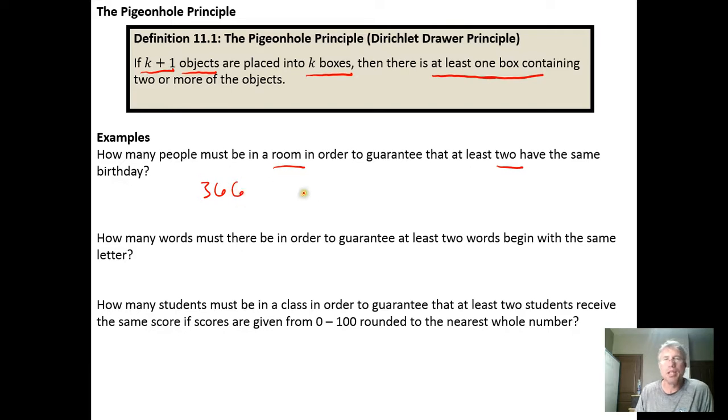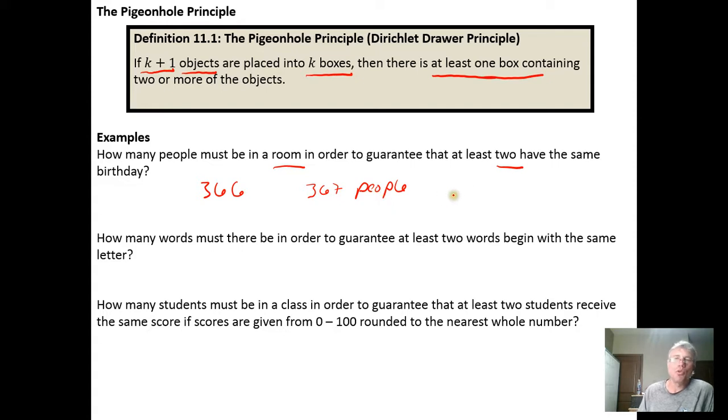And really what we're saying is, how many people do we have to have so that when we distribute people into those days of the year, we're guaranteed that 2 people share the same day. And so what you notice is that you would need 367 people to guarantee definitively that you had 2 people sharing the same birthday.